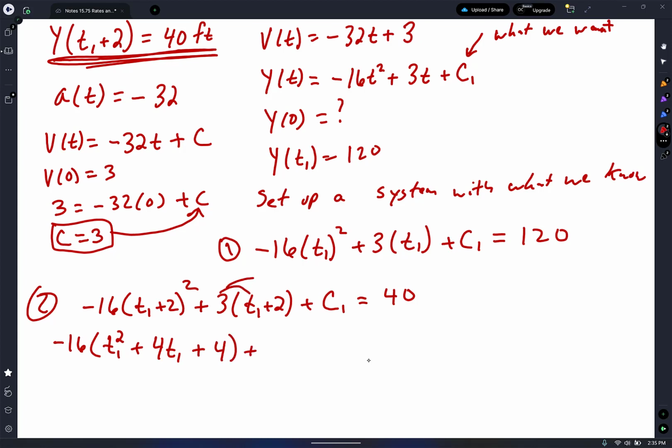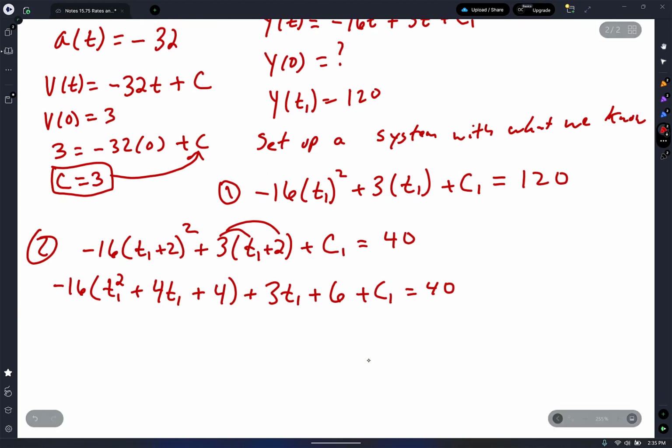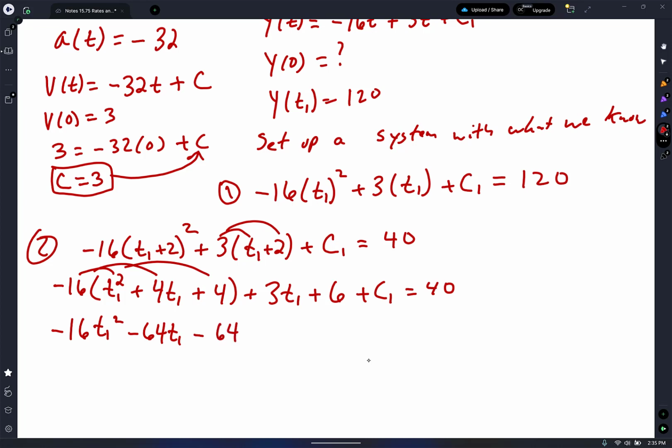Plus, and distribute. 3T1 plus 3 times 2 plus C1 equals 40. All right, let's see. Distribute that negative 16. Negative 16 T1 squared minus 64t1 minus 64 plus 3t1 plus 6 plus c1 equals 40.